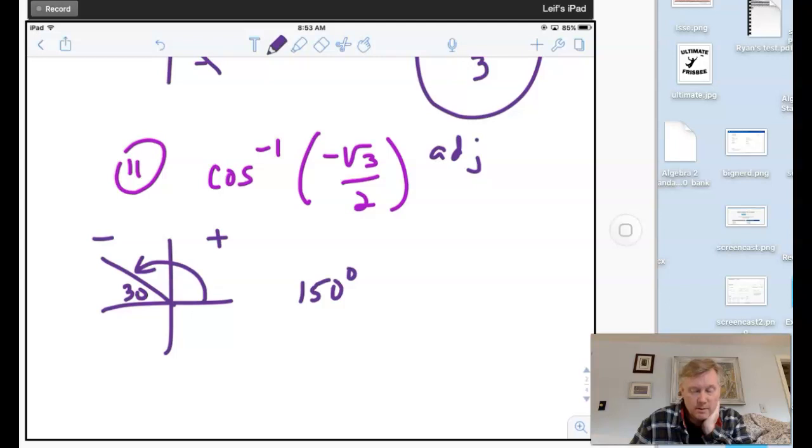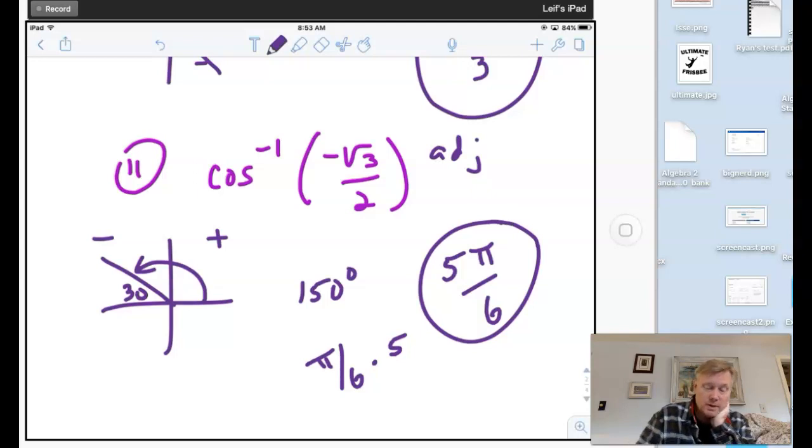If I take 30 degrees, which is pi over 6, and multiply it by 5, 30 times 5 is 150. So this would give me 5 pi over 6. Or you could think that this is pi over 6, halfway around the circle is pi, which is 6 pi over 6. So 6 pi over 6 minus 1 pi over 6 is 5 pi over 6.